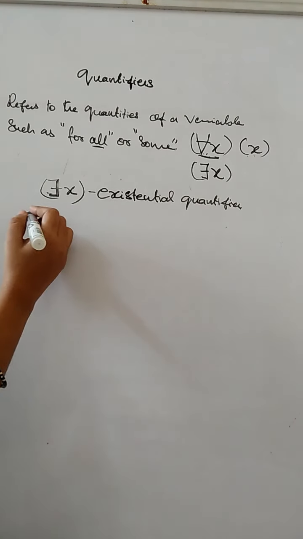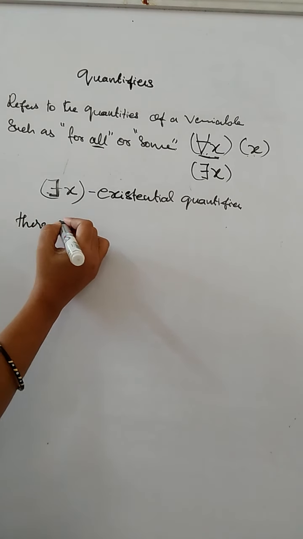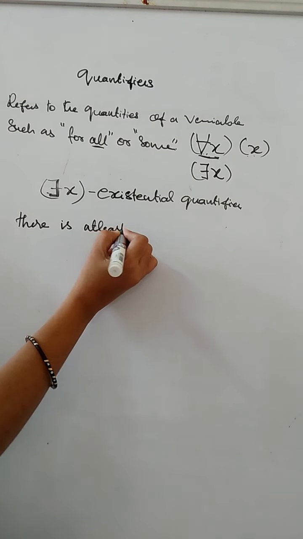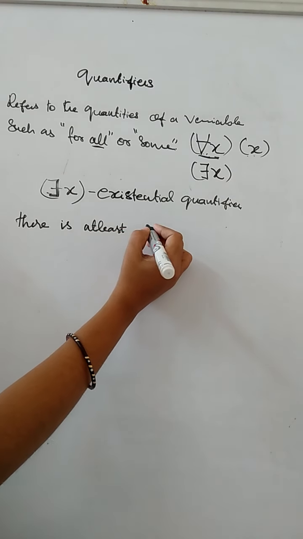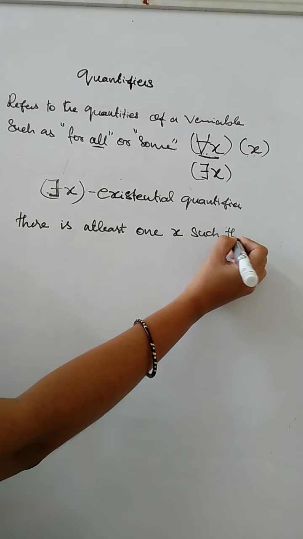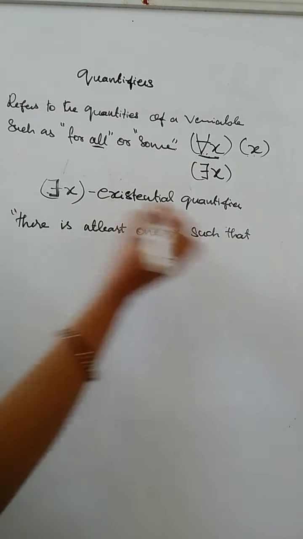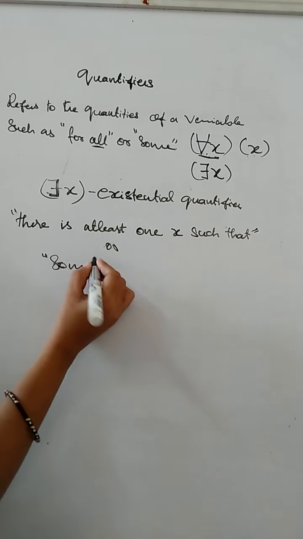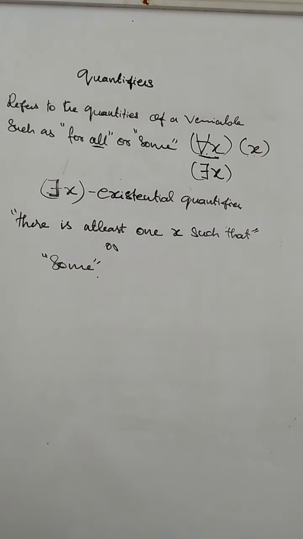This is a quantifier which represents that there is at least one x such that, or else some values. So the existential quantifier refers to there is at least one x such that, or else some values.